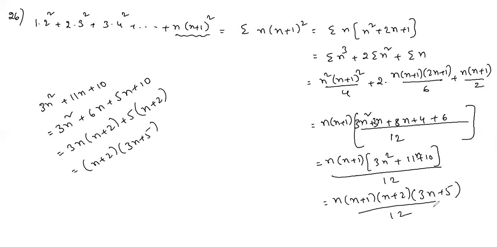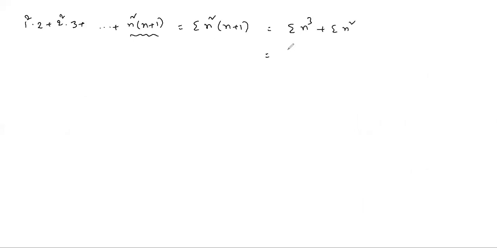Similarly, the second one, the denominator: 1 square into 2 plus 2 square into 3 plus and so on plus n square into (n plus 1). This is the term for which we have to apply sigma notation: n square into (n plus 1), which is sigma n cube plus sigma n square.